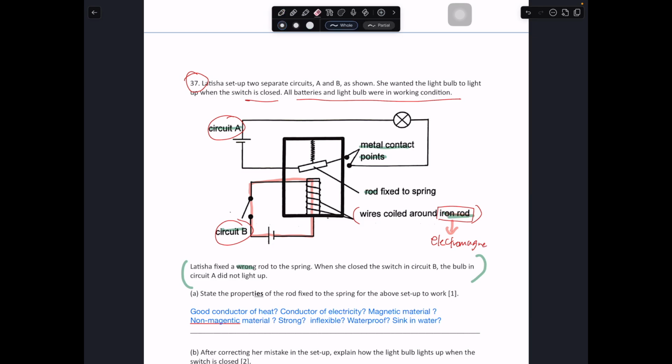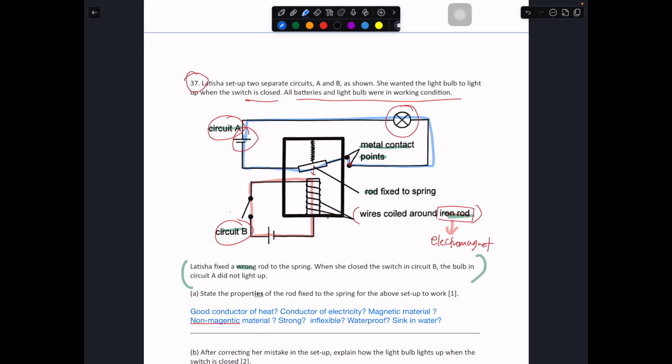When it becomes an electromagnet, by right it should attract this downwards, and then the metal contacts will touch each other. Then electricity will start to flow through this bulb because there's a battery over here. So electricity will most likely flow this way, and if they are touching, it will come back here. This is how the whole thing works.